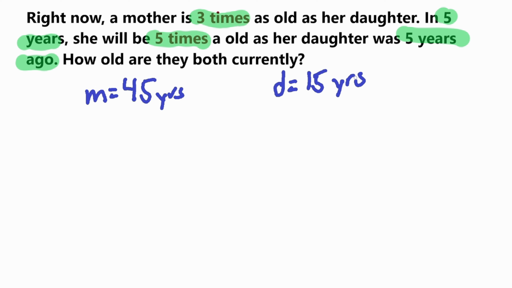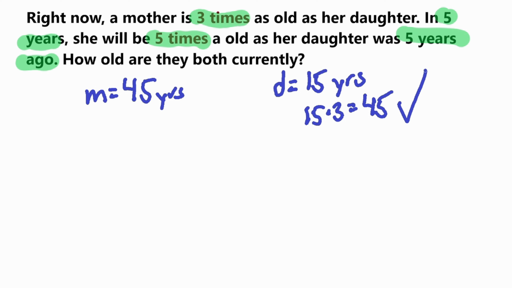So last thing we want to do when solving the problem is check to make sure that our answer is correct. So how do we do that? We just simply plug it in or use it in context of the equation. So right now the mother is 3 times as old as her daughter. So 15 times 3 is equal to 45. Correct. Alright, so now in 5 years she will be 5 times as old as her daughter was 5 years ago.